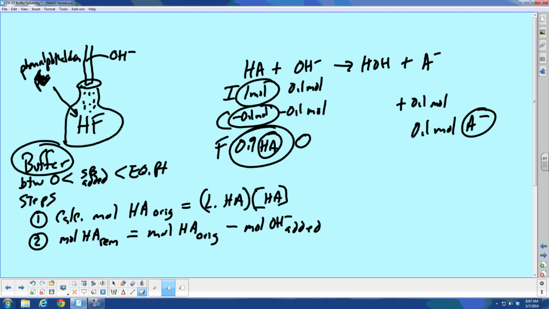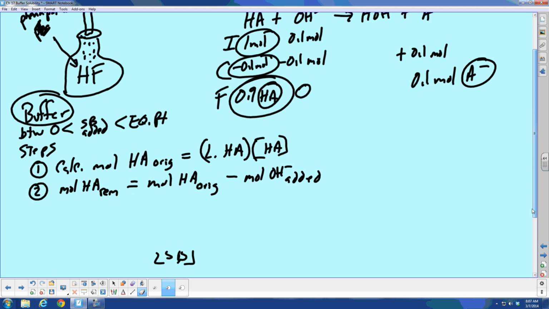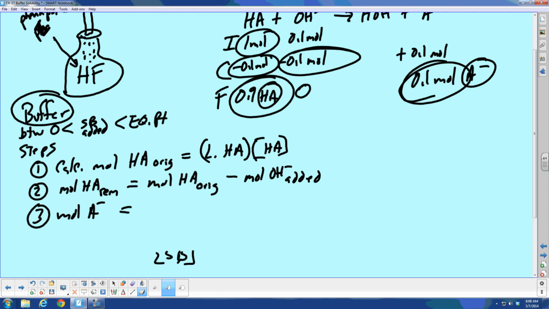Number 3, we want to get the moles of my conjugate base created, right? Well, that's going to be equal to what? If we look up here, it's very simple. The moles of my conjugate base are equal to the moles of my hydroxide added. Good. And you guys know how to get moles of hydroxide added?